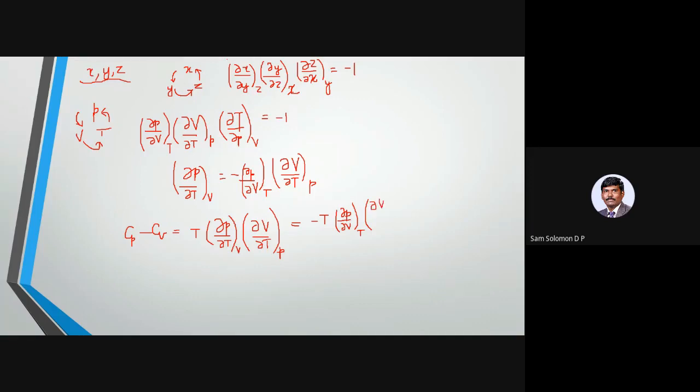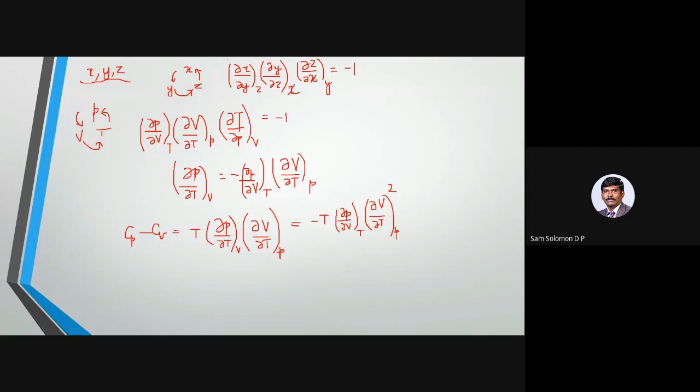So partial V by partial T at constant P, the whole squared. So this is what we get for the difference in heat capacity.